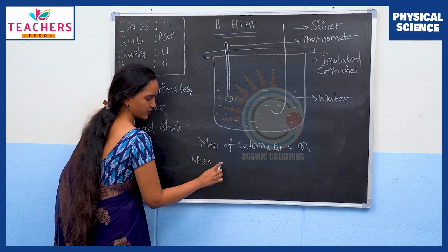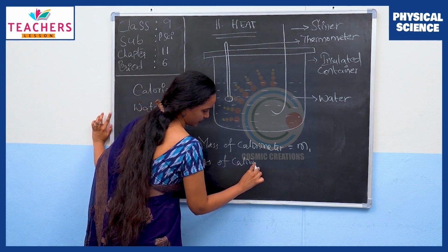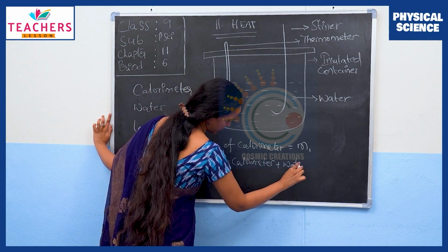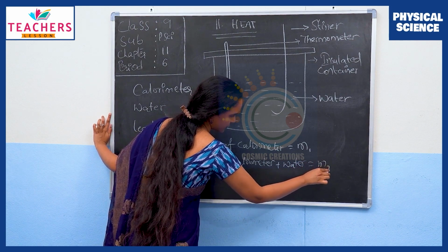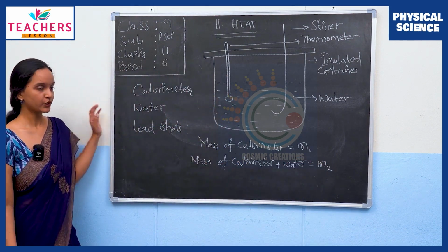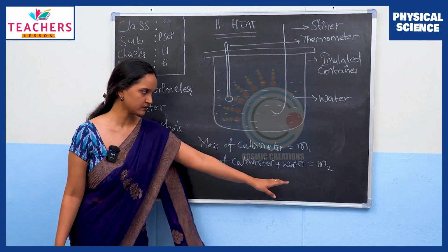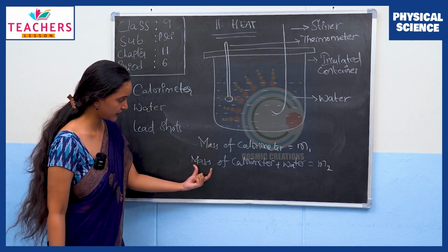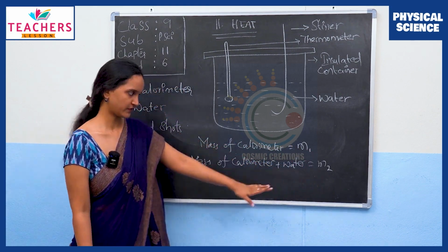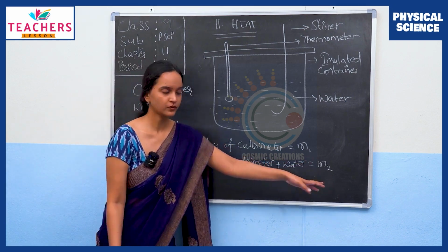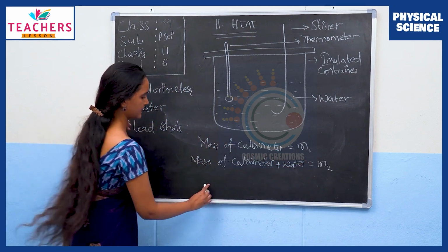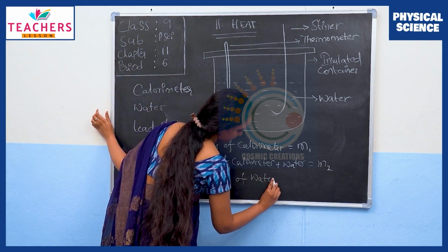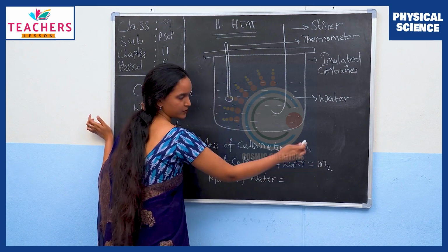Let's say the mass of the calorimeter with water present in it is M2. Now, to get just the mass of water: the mass of the calorimeter is M1 and the mass of calorimeter plus water is M2. If I subtract M1 from M2, I get the mass of water. So the mass of just water is equal to M2 minus M1.